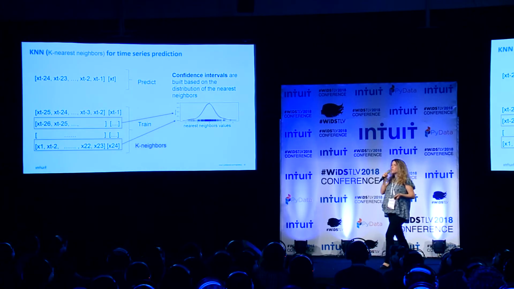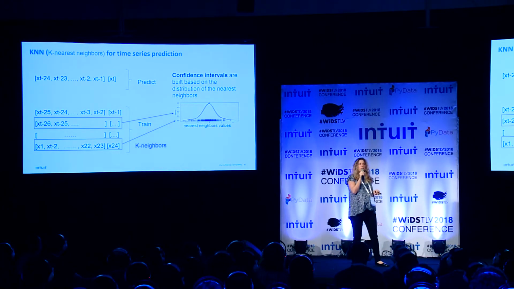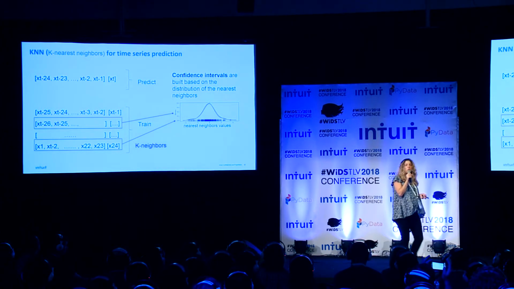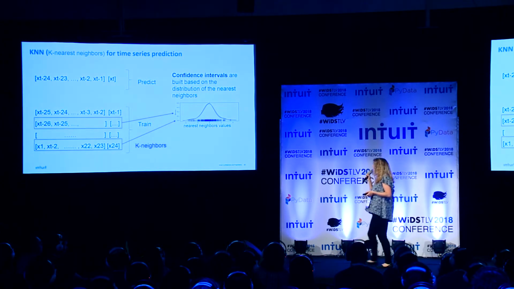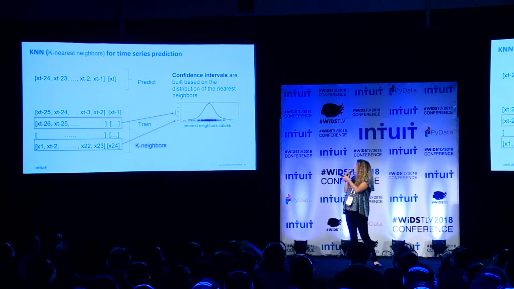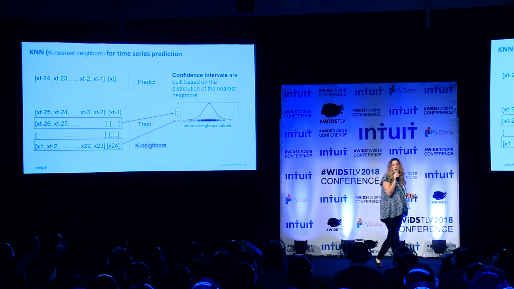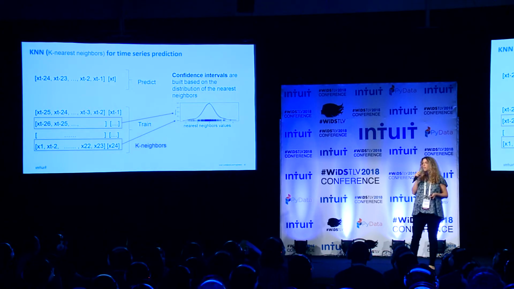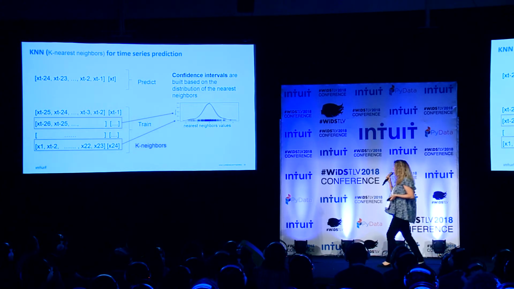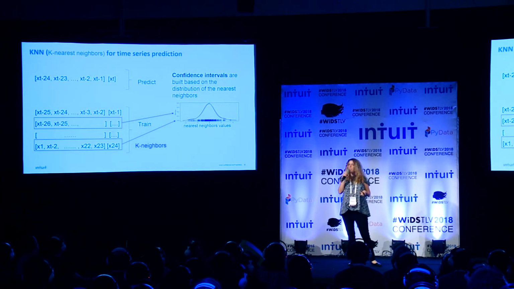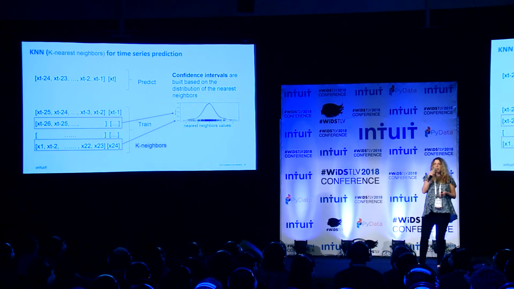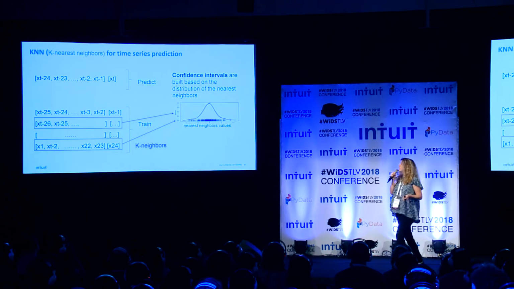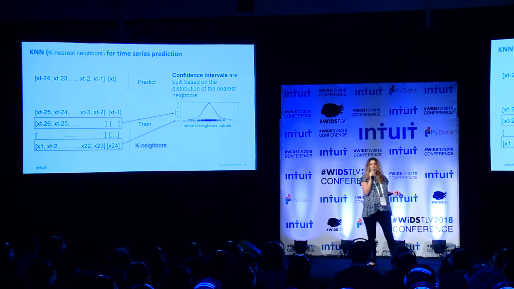A second example of a model is a non-linear model, which also incorporates a way to calculate the confidence intervals within the model. How does it work? K-nearest neighbors: for a certain time point we want to predict, we find the most similar patterns in the past of the time series, as you can see in the train vector. It finds K nearest neighbors, for example K is 20, so we find K similar patterns in the past of this time series based on the features we saw before.